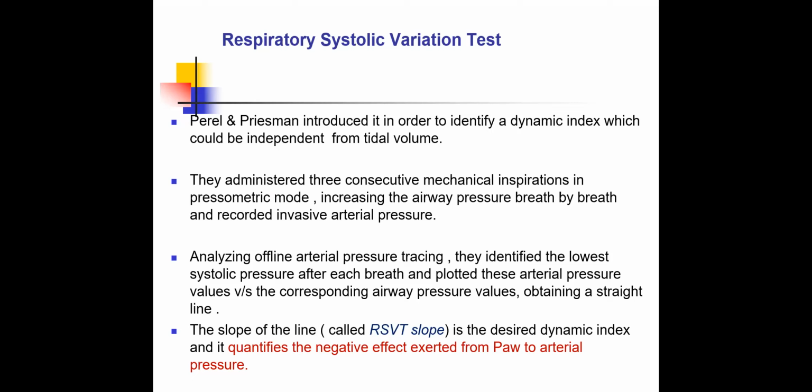Analyzing the arterial pressure tracing offline, they identified the lowest systolic pressure after each breath and plotted these arterial pressure values versus the corresponding airway pressure values, obtaining a straight line. The slope of the line, called the RSVT slope or the respiratory systolic variation test slope, is the desired dynamic index, and it quantifies the negative effect exerted from the airway pressure to the arterial pressure.